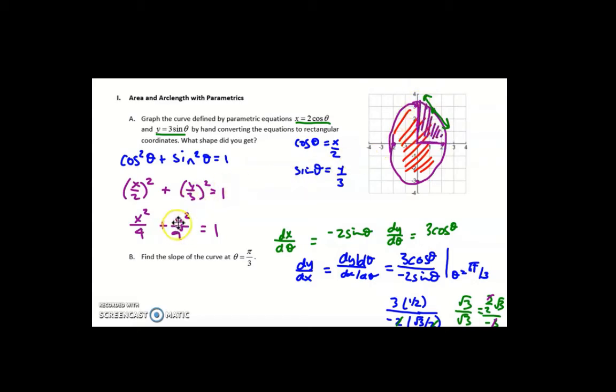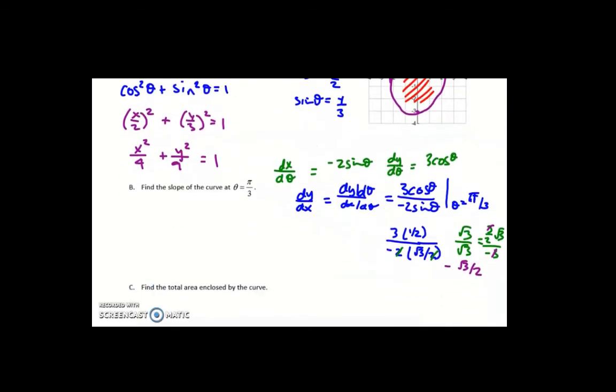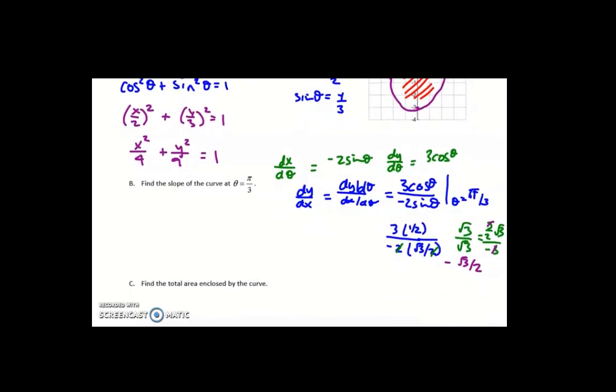To do that, I would have to solve my equation in terms of x, and I would go with the positive square root because I'm not worried about the negative. And if I just worried about this quadrant, because of the properties of symmetry of the ellipse, I could just get this quadrant in a rectangular area fashion, meaning the traditional way you know of finding area, and I would multiply it by 4. But since we're dealing in parametrics, we have an easier way to do this.